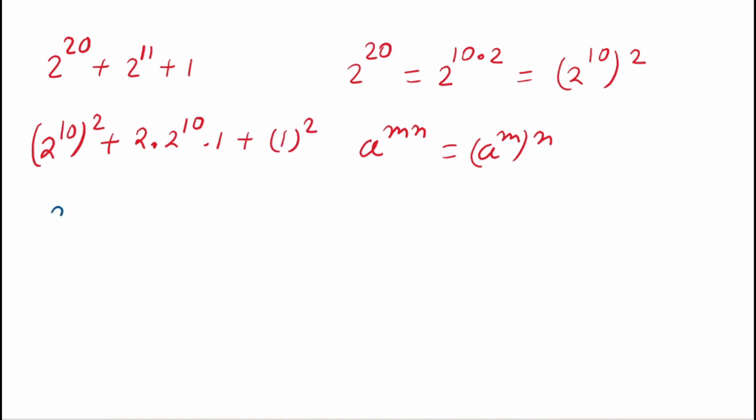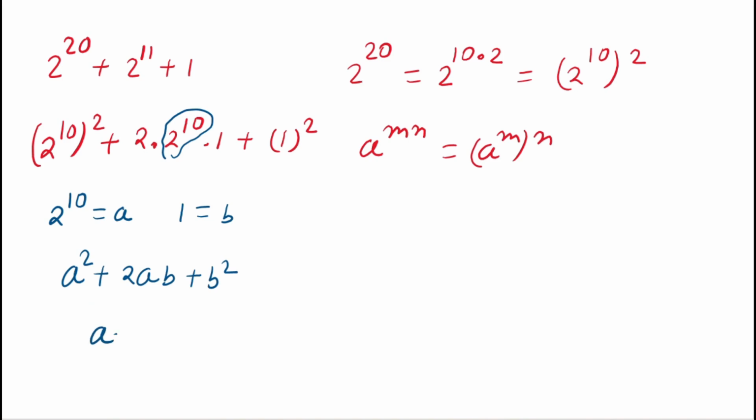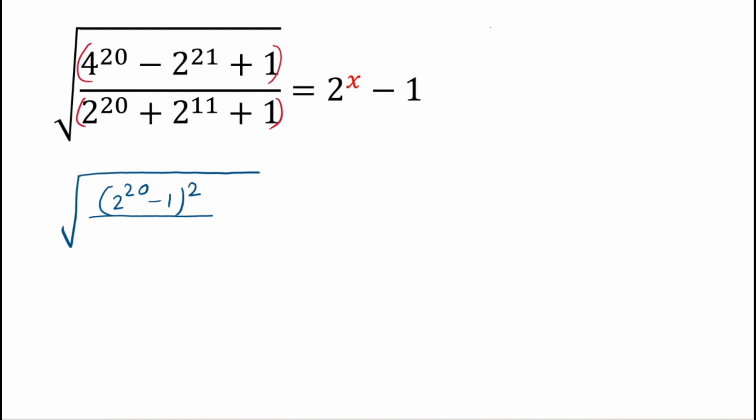If we substitute 2^10 equals a, and 1 equals b, then a squared plus 2ab plus b squared is (a + b) whole squared. The value of a is 2^10 and the value of b is 1. So the denominator part is (2^10 + 1) whole squared.